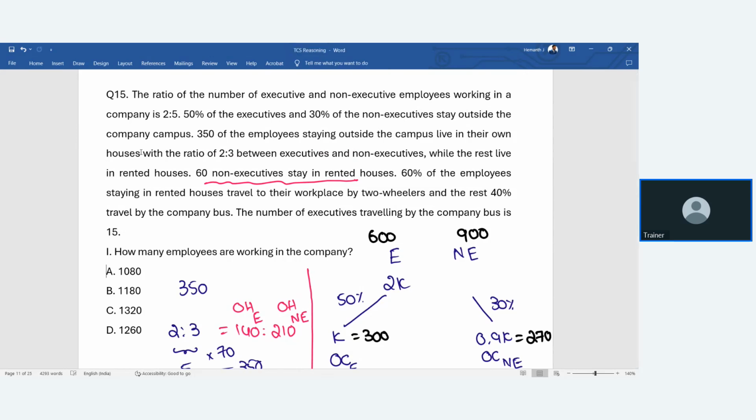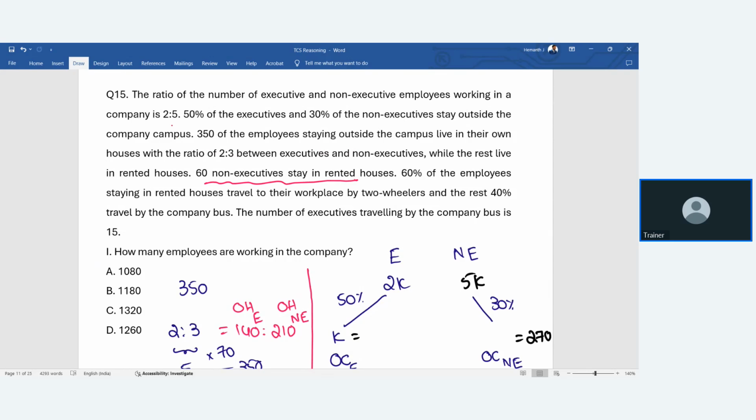This is executive, non-executive. 2:5 means 2K, 5K. 30% of that means this is 1.5K. This is 1.5K, this is 5K, right?